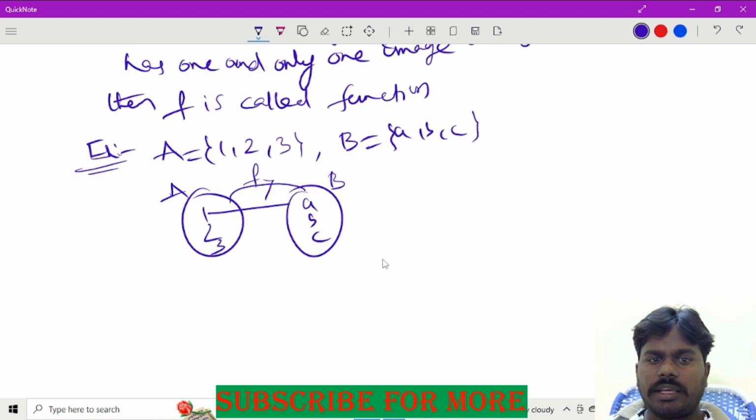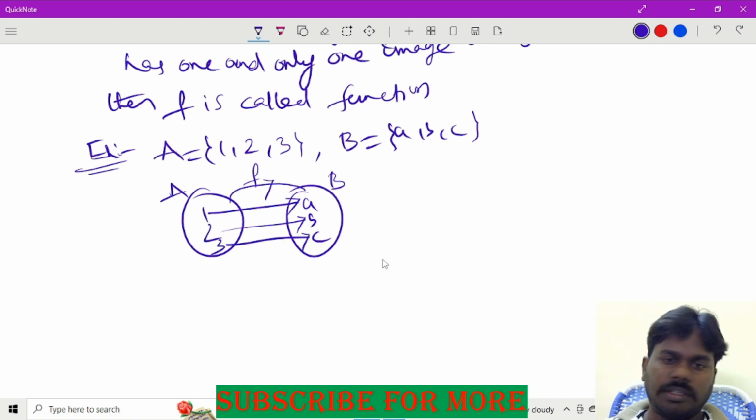So here 1 is mapped with a, and 2 is mapped with b, and 3 is mapped with c. So here you can observe that every element of A has only one image in B.